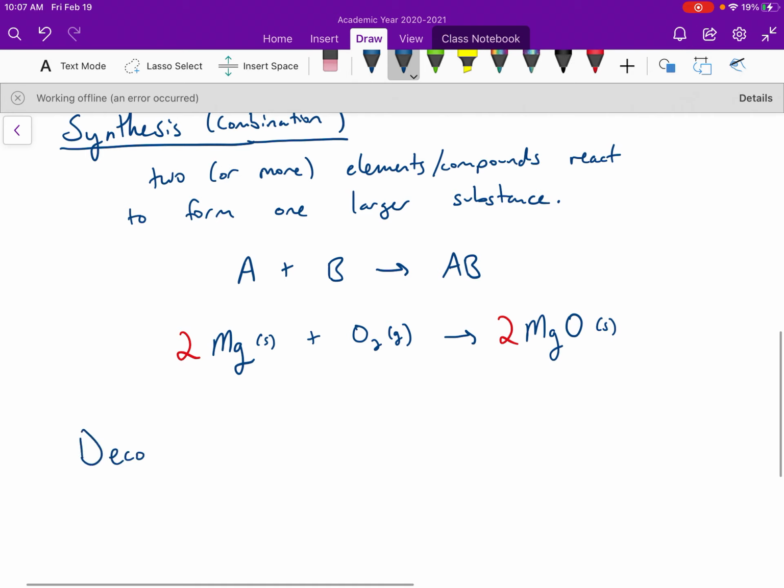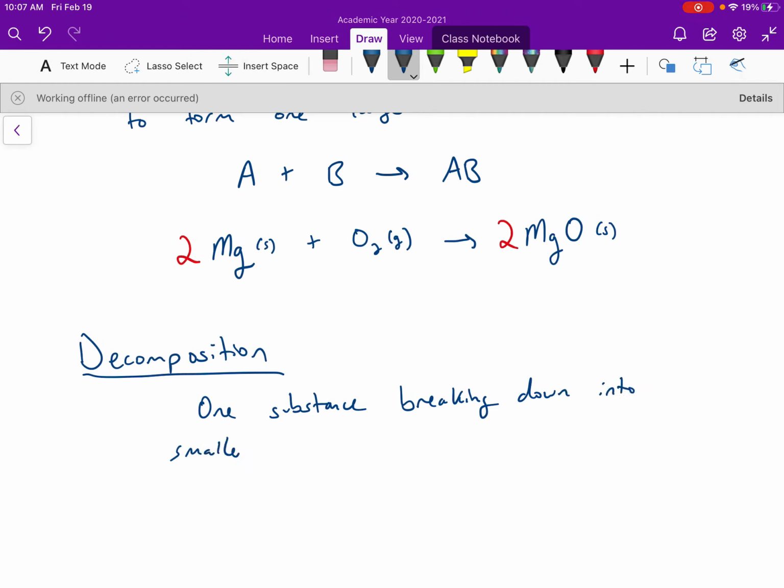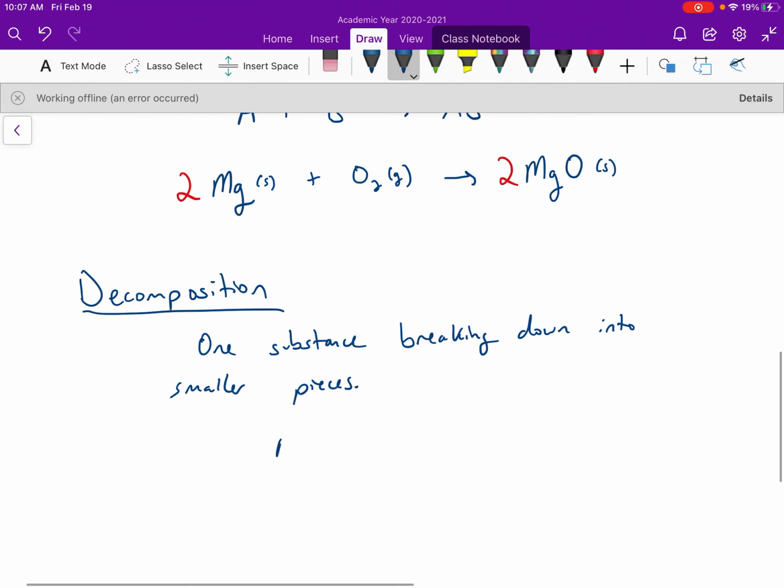Opposite of that is decomposition. So this would be one substance breaking down into smaller pieces. Okay? So AB going to A plus B, thinking generically.